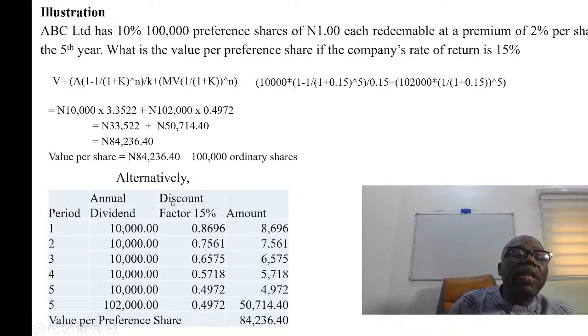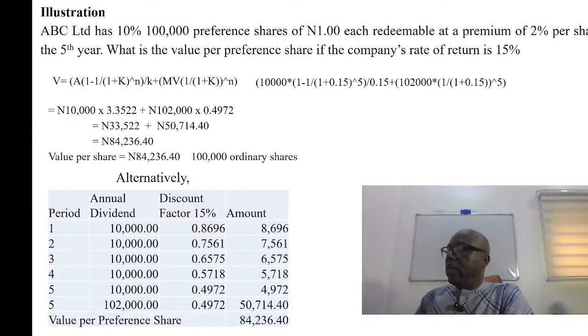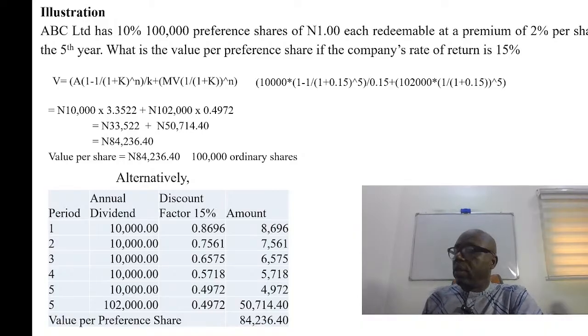And then you have the present value factor, the discount factor. You can get this from a table. Maybe when I come to class, I'll bring the table, or you can also work it out by yourself by saying 1 divided by 1.15. That is for the first year. 1 divided by 1.15. That's how you have this 0.8696.